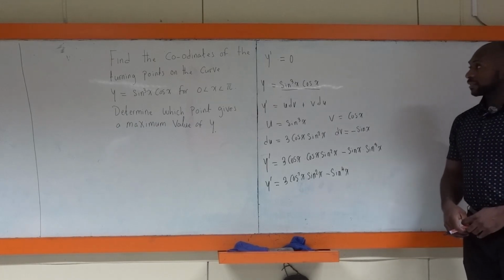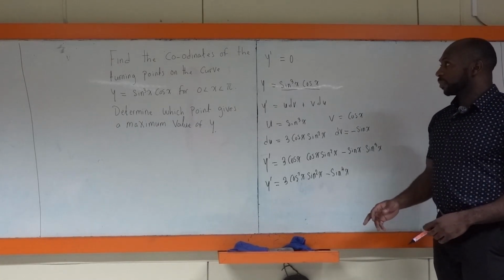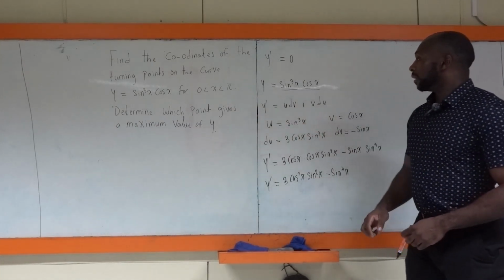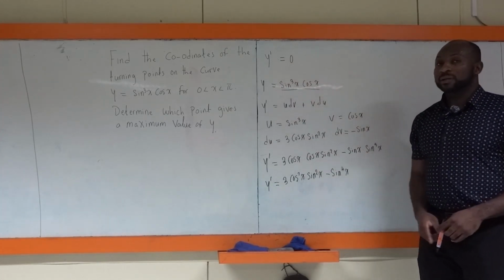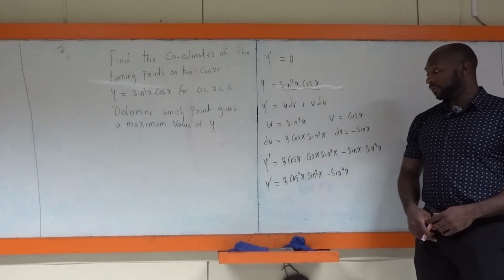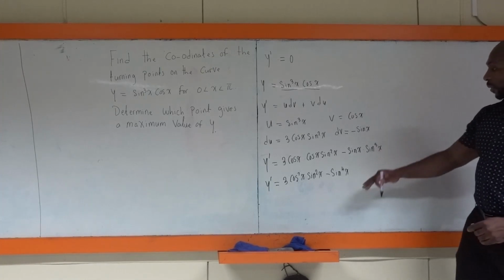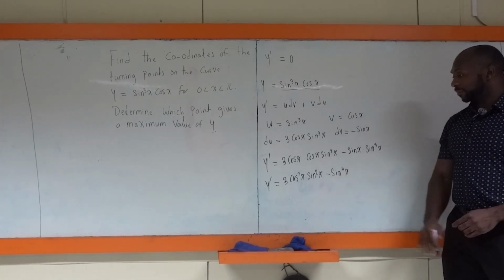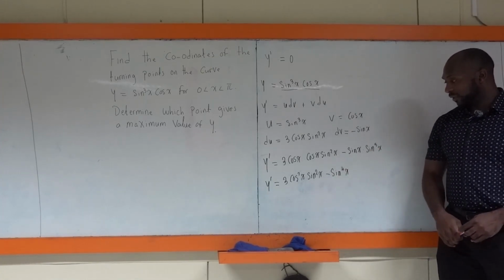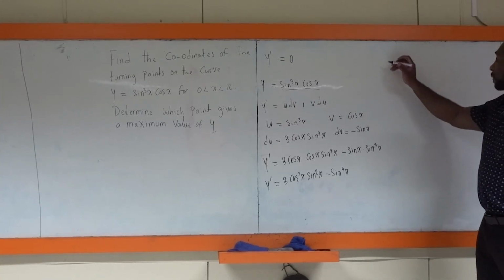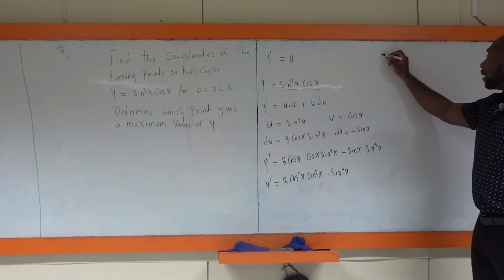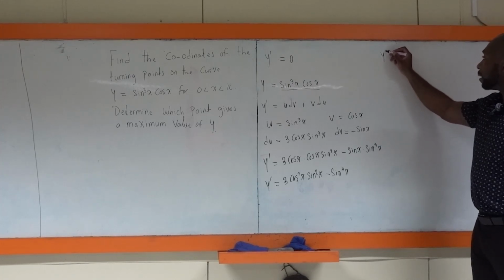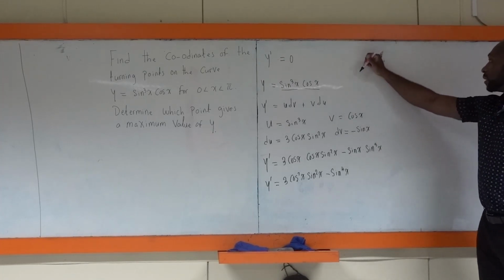Now, as we said, since we are looking for the turning point on this curve, and we know that at turning point y prime is equal to 0, so we are going to let this function be equal to 0. So here we have y prime is equal to 0.